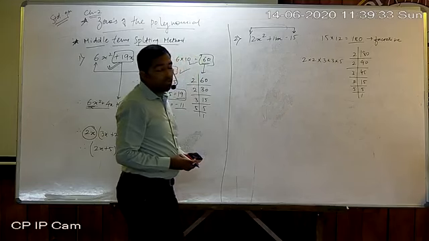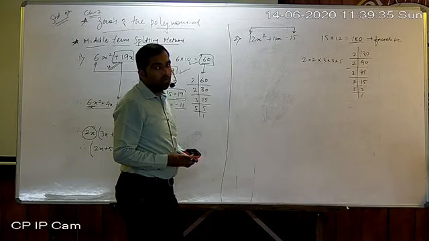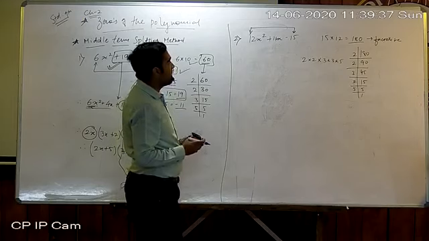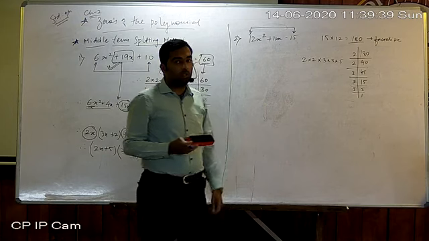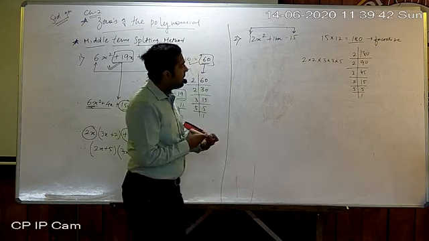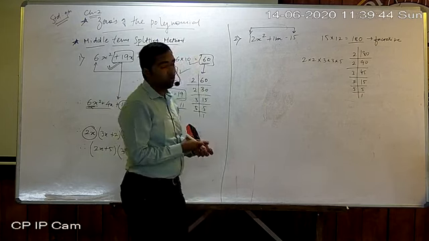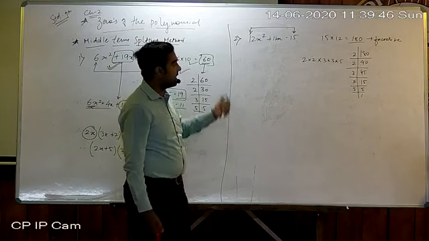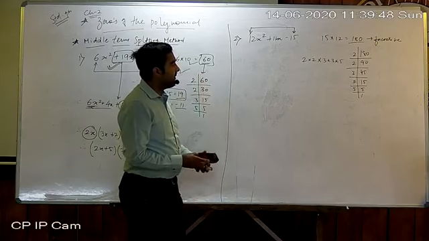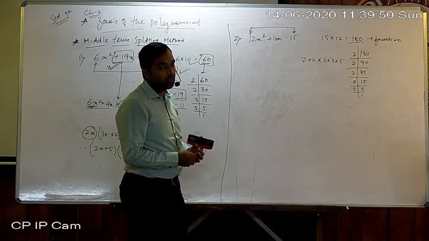As per my factors, we must find two numbers whose addition or subtraction is 11. So make two numbers such that their addition or subtraction is 11. Please make two numbers fast.